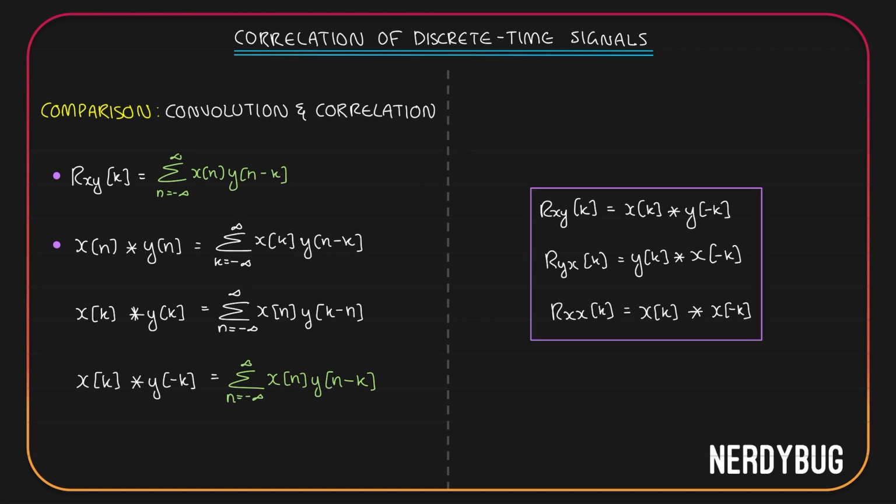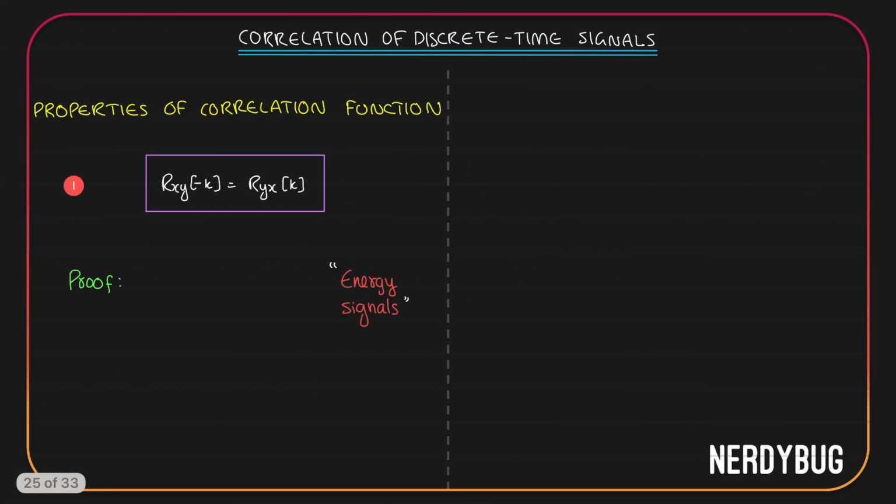Let us now see some properties of correlation function in the case of discrete time signals. According to the first property, Rxy of minus k will be equal to Ryx of k. To prove it, first let's write down what is Rxy of k. This is summation from n equals minus infinity to infinity x of n y of n minus k.